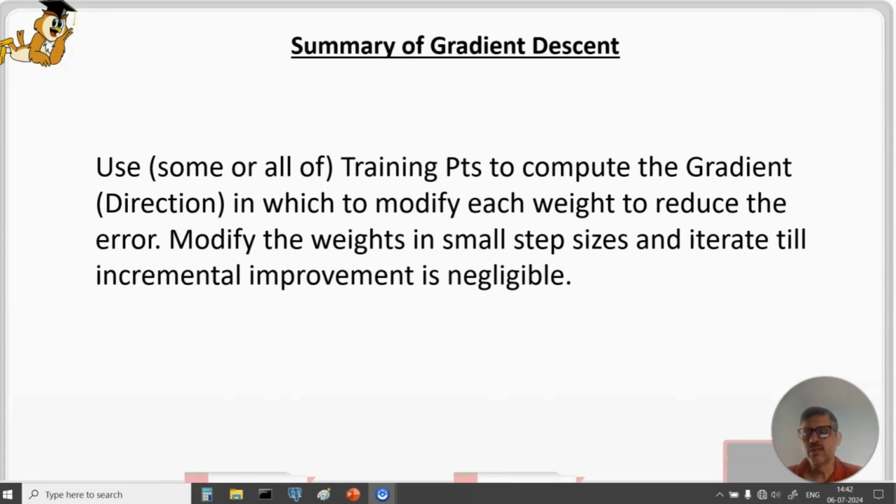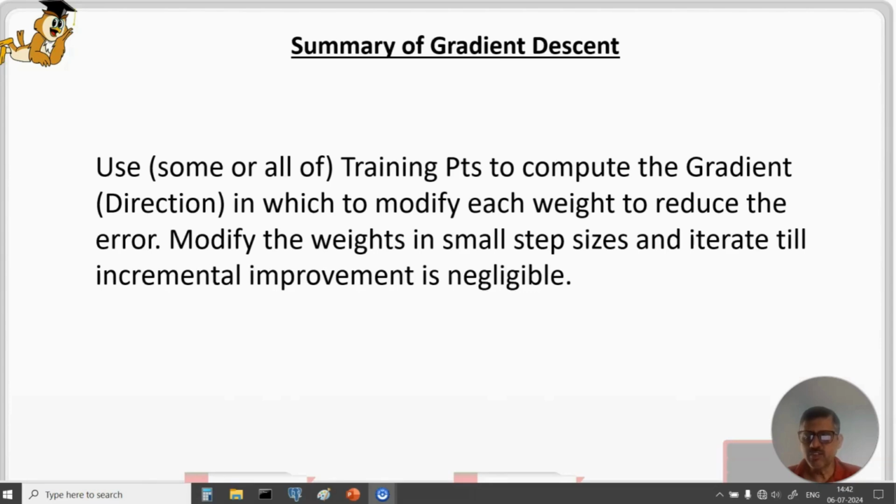Again, we said that we would configure the optimization problem by defining a metric and either maximizing or minimizing that metric in iterations till we ended up with our final answer, right? So for gradient descent algorithms, we defined the error as the metric to minimize. In particular, we looked at the mean square error, okay?